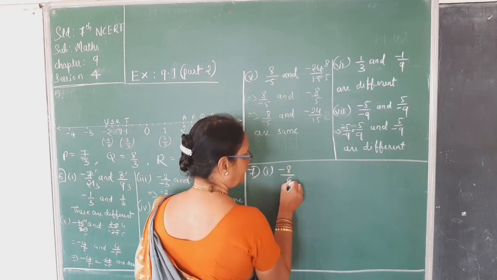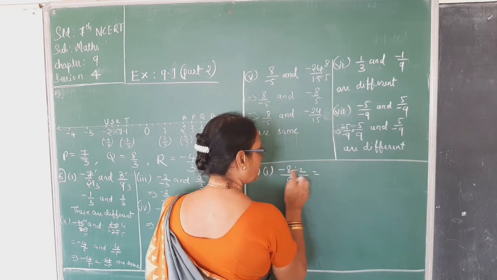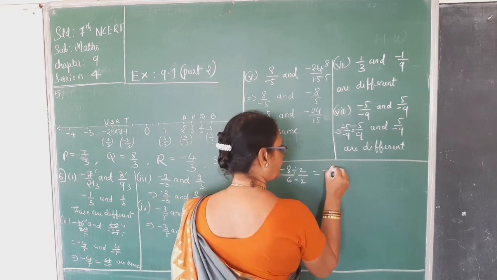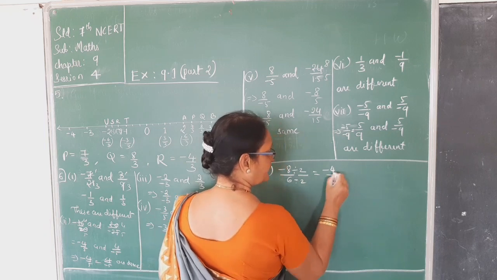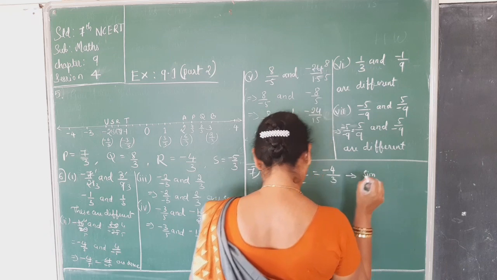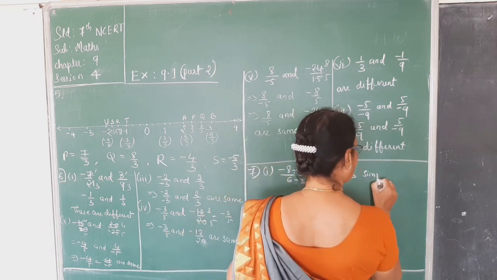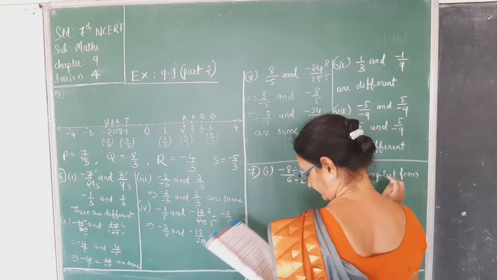See, minus 8 by 6 divided by 2 divided by 2. Minus 8 divided by 2 is minus 4. 6 divided by 2 is 3. Minus 4 by 3 is the simplest form.